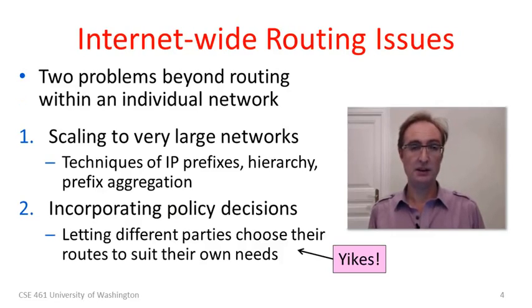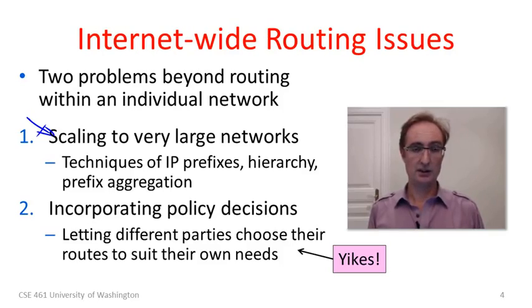So actually let me recap some of that. As we look at extending the routing we have already to this new setting where there are many different networks and we're working across the internet at large, there are really two problems that we're going to have to deal with. Two complications beyond what we know. The first one is scaling. We want to be able to run routing on very large networks.